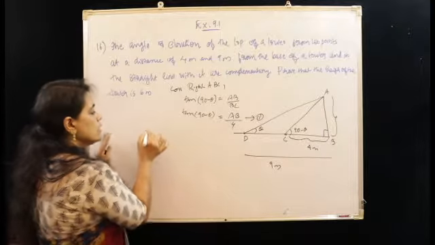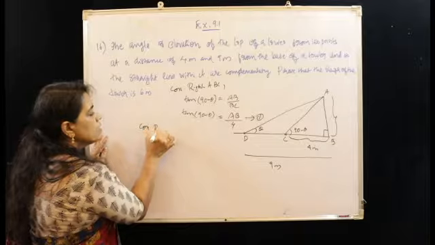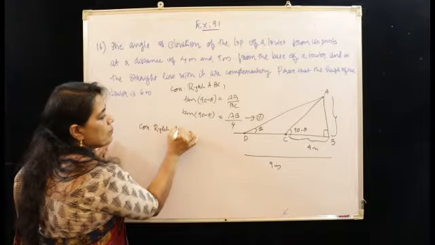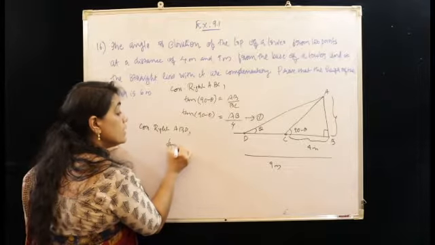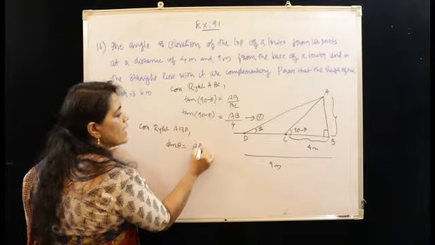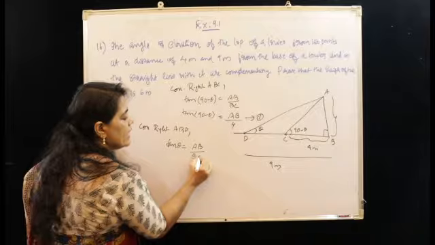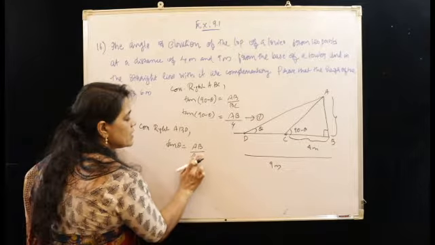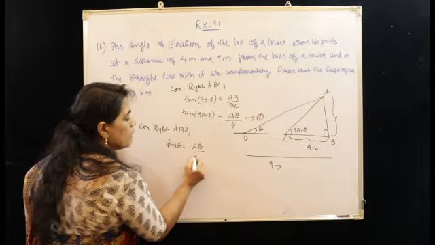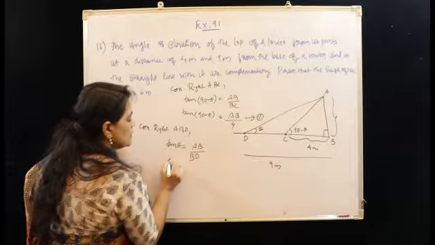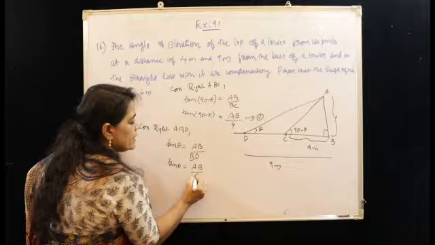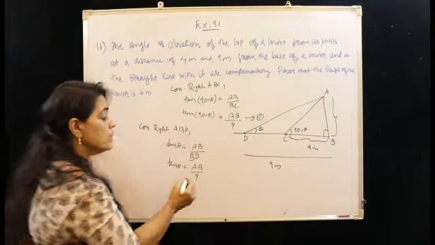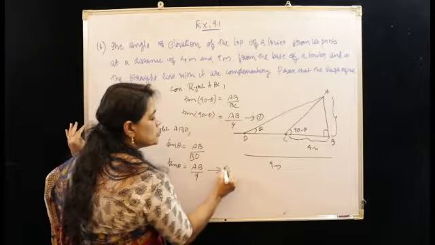And for the second equation, we consider right triangle ABD, whose acute angle is theta. So tan theta equals the opposite side AB by BD, and BD is given as 9. So tan theta equals AB by 9. This can be equation number 2.